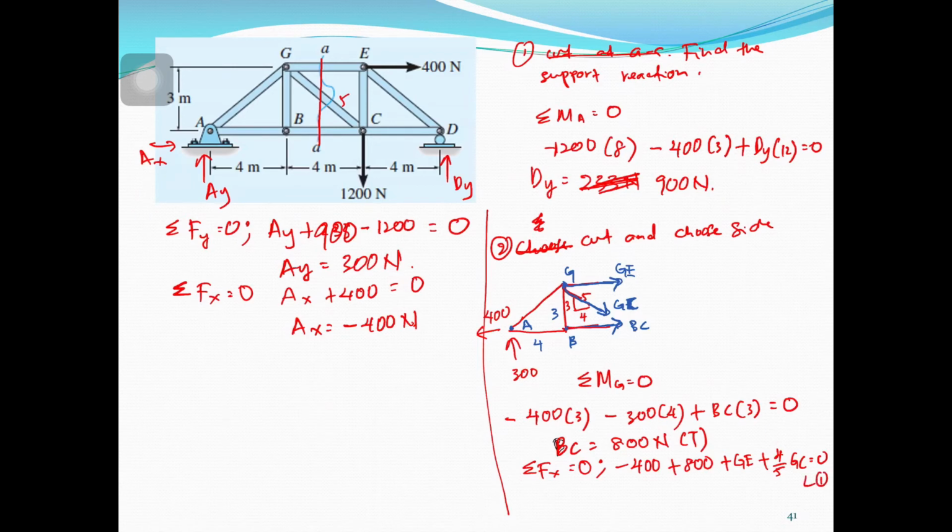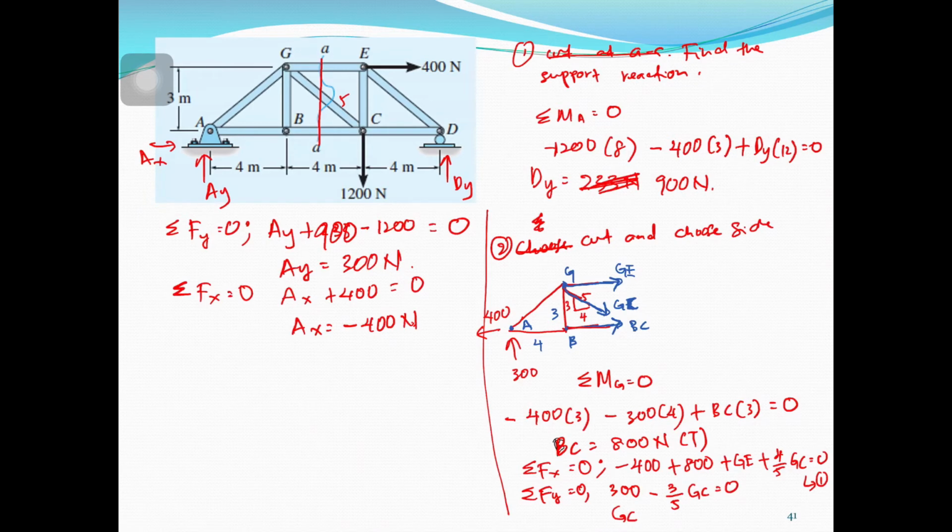So equation number 1. Then summation of Fy is equals to 0. You have 300 minus 3/5 GC is equals to 0.